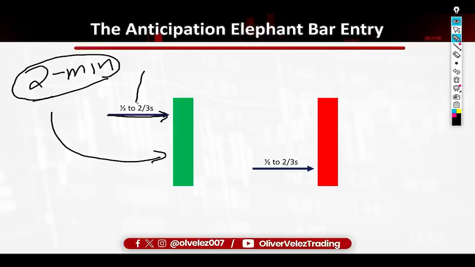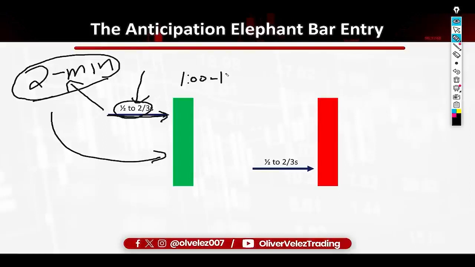Look at what I have here. It's 1/2 to 2/3 of the bar we need. We need 1/2 to 2/3 of this 2-minute bar finished. So 1/2 is the 1 minute mark.